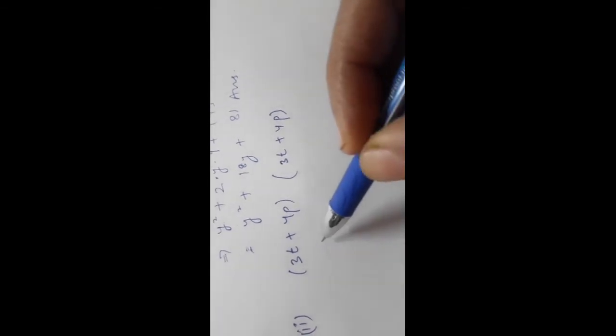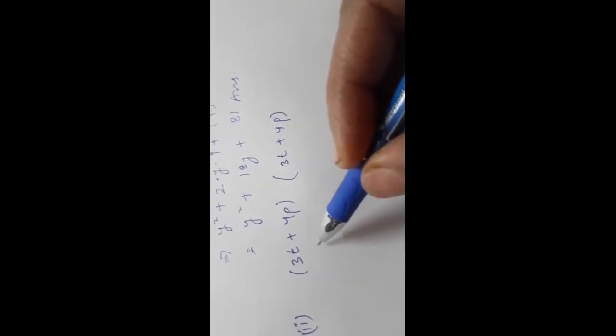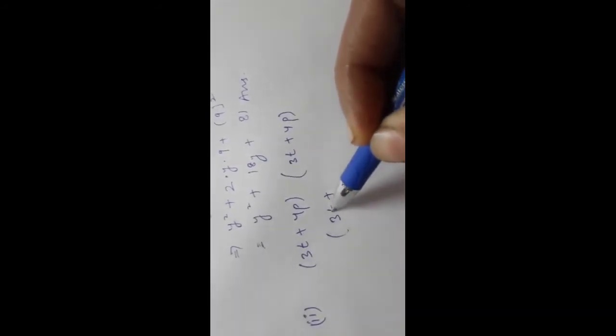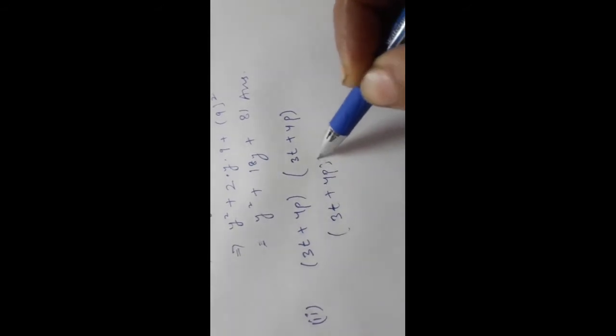Let's move to the second part. The second part is 3t plus 4p, 3t plus 4p. We have to find the product of these expressions by using the identity. So here also, 3t plus 4p whole square. We can write it as 3t square, which is a square, plus 2 into 3t into 4p plus 4p square.